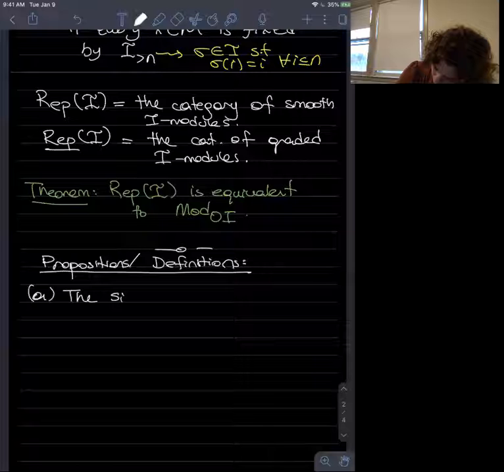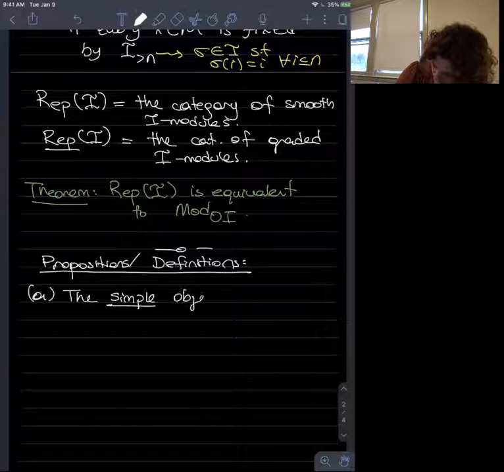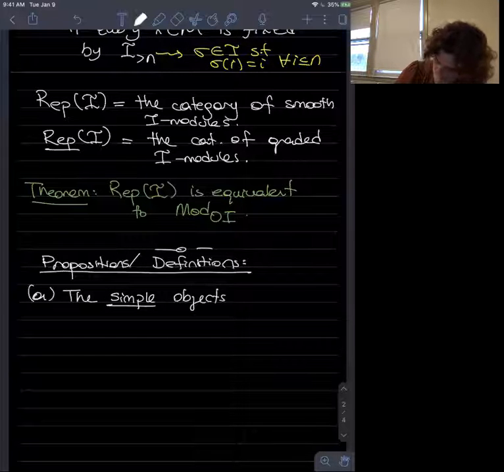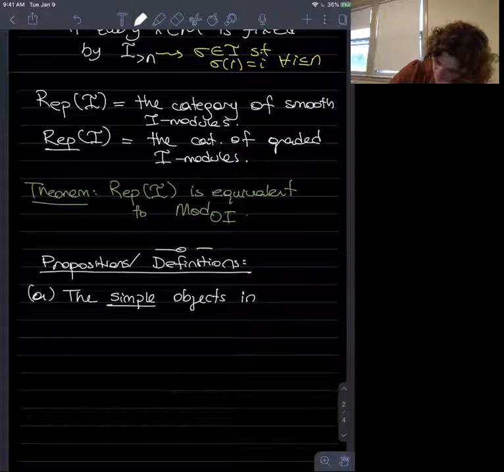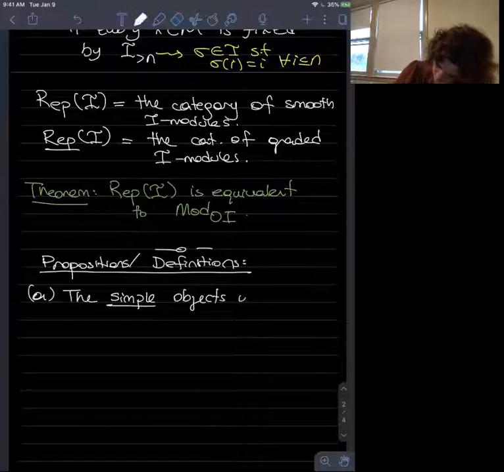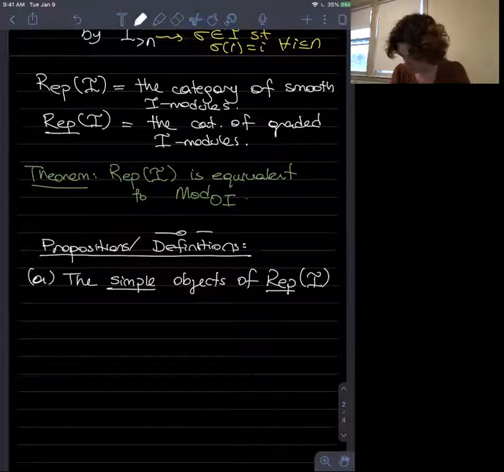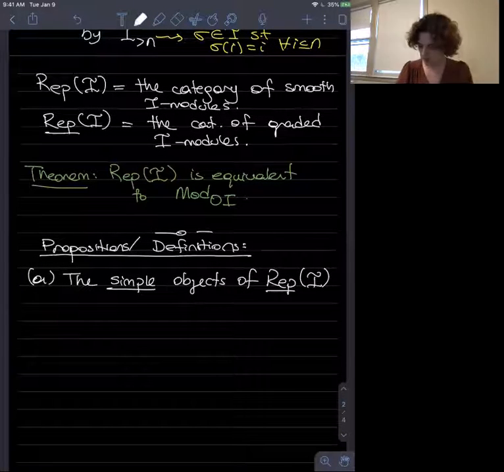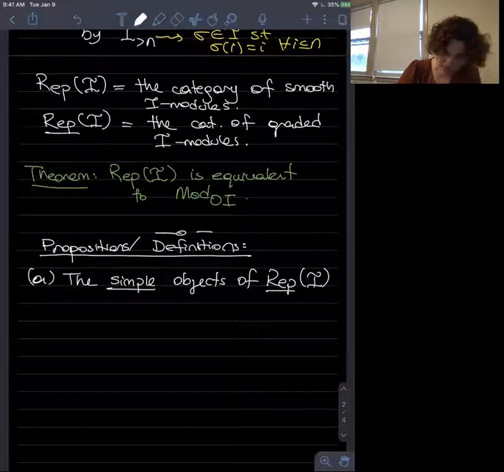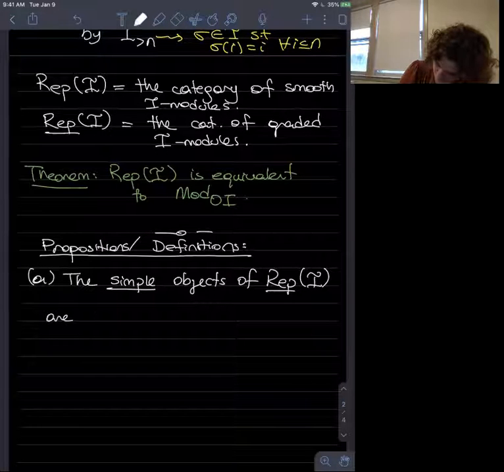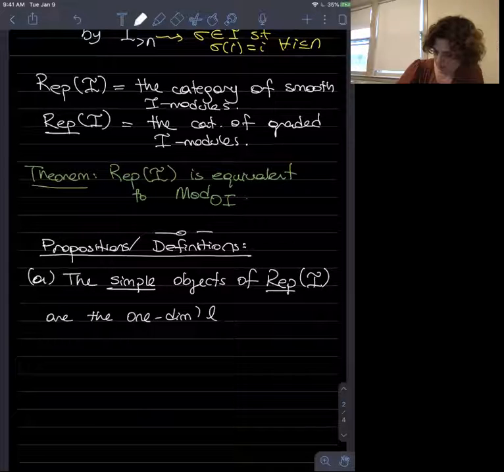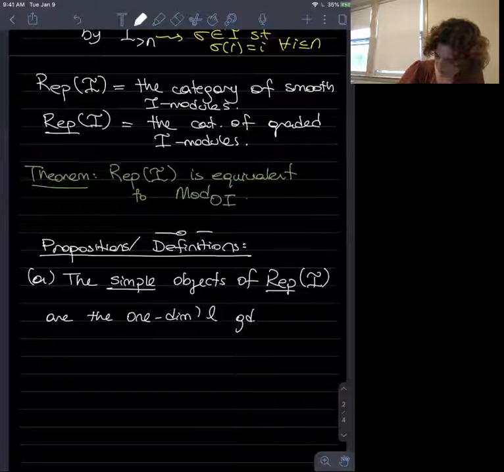So the simple objects in the category of the representations of the graded ones are the one-dimensional graded modules.